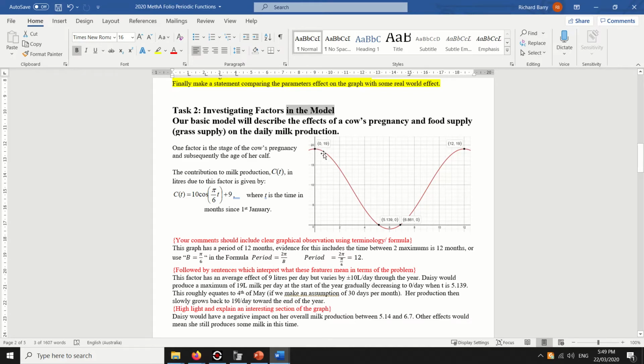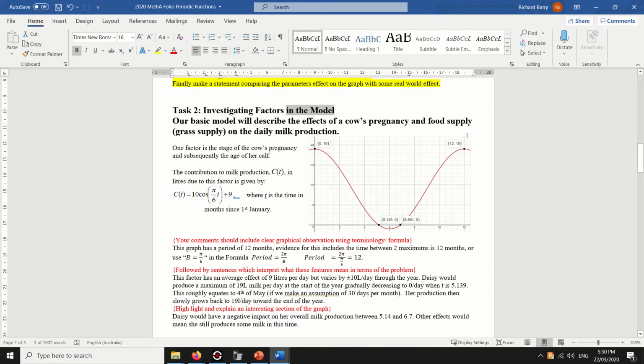The height of the graph tells us at any particular time what the daily milk production is. Now, the words I'm using here aren't like, oh, this graph is 19 high. It is that in December, this cow is making approximately 19 litres per day.